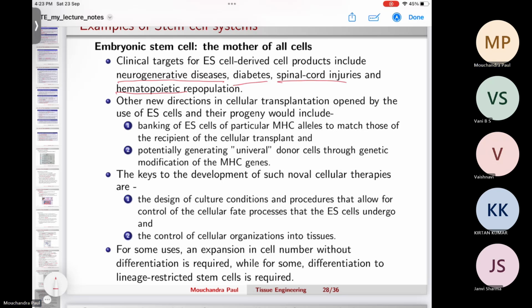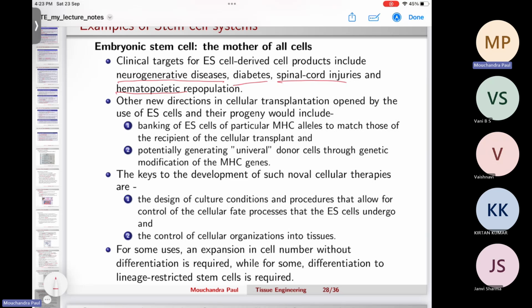Okay. So what people have started thinking about is creating a bank of embryonic stem cells, and matching the MHC alleles on these embryonic stem cells to the recipient, so that we can directly transplant these stem cells inside the recipient.